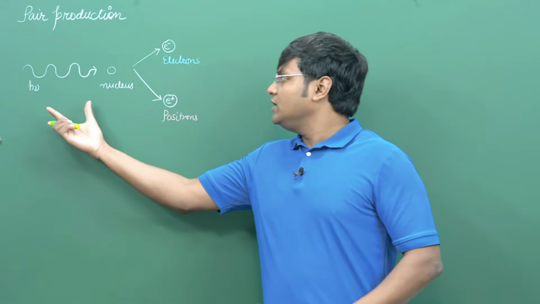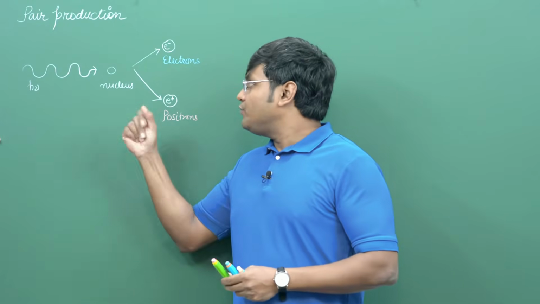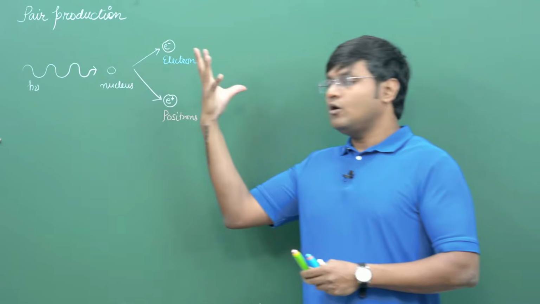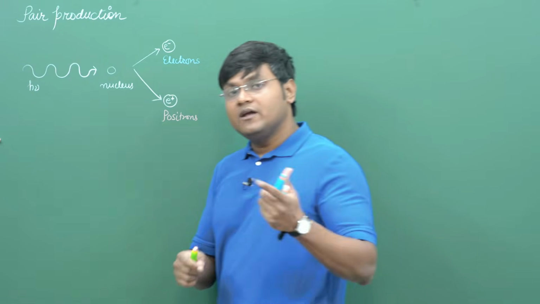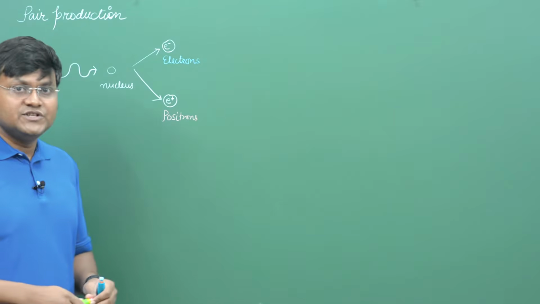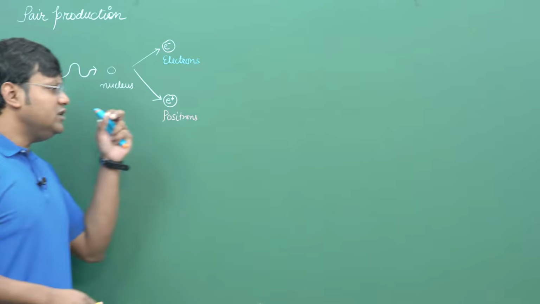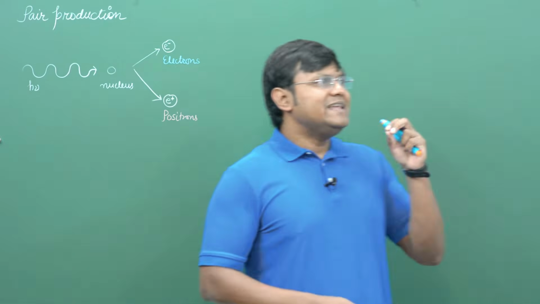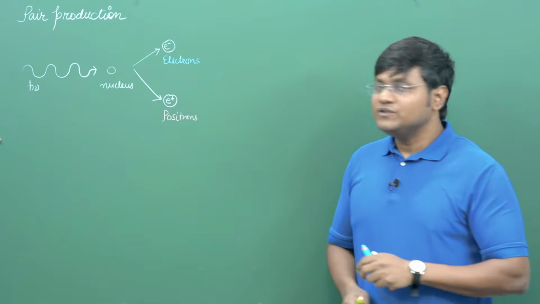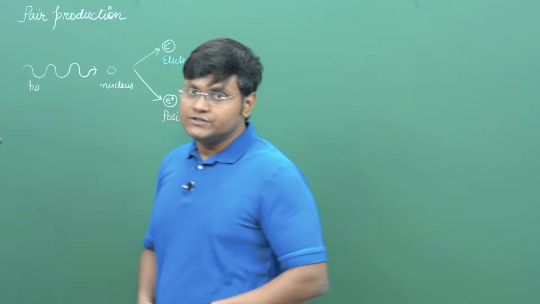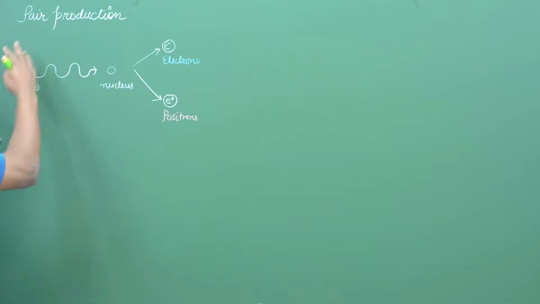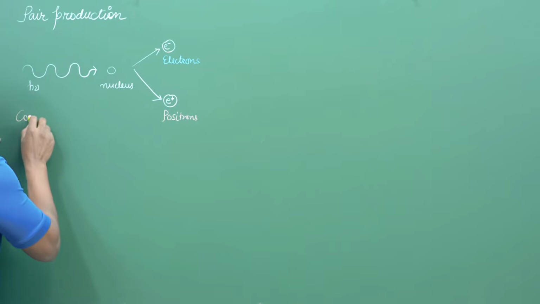Pure energy in the form of a photon in the presence of a nucleus ends up creating a pair of an electron and a positron. This is a very interesting and very unique phenomenon, and it is not possible without satisfying various conservation laws. So if you look at the concept of pair production, it must satisfy various conservation laws.